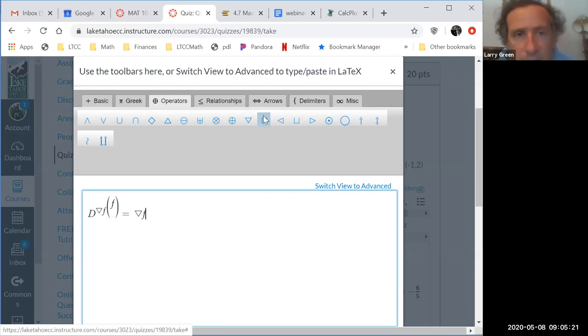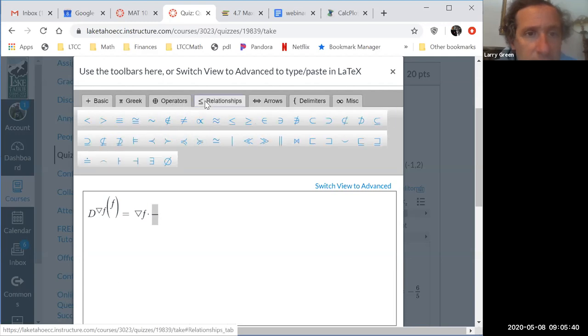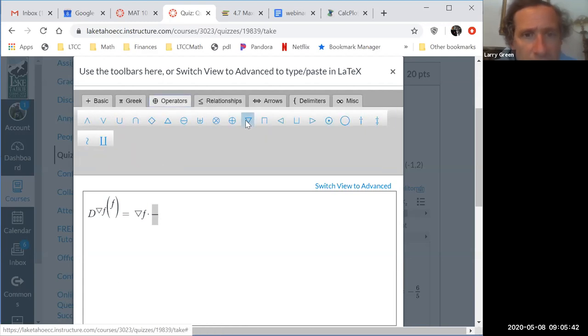dotted with the unit vector in the direction of the gradient of f. And remember, that is the gradient of f over the magnitude of the gradient of f.